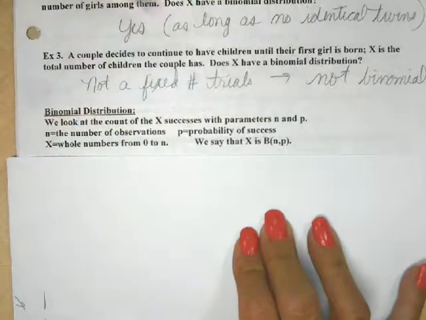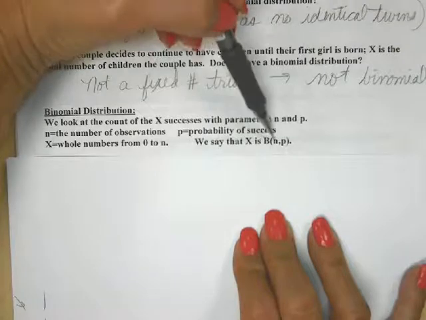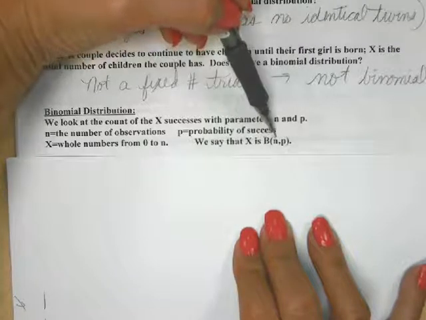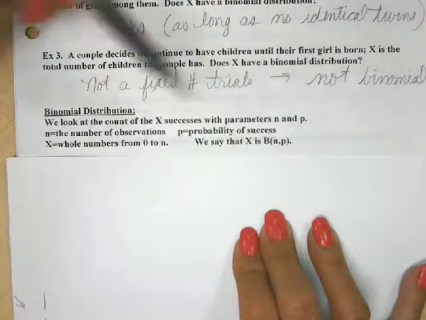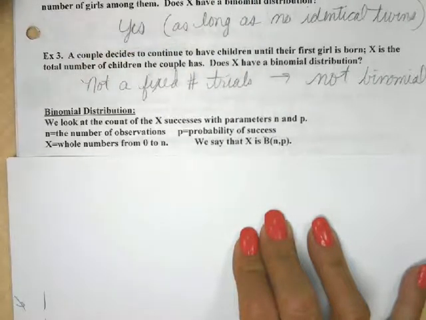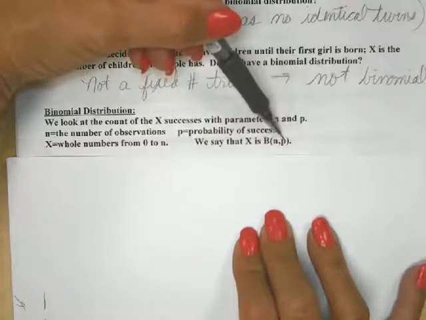And in our case, a binomial distribution has 2 characteristics that we need to know. We need to know how many observations you are going to look at, like a trial. So we had 4 rolls of a die, and you had 20 children being looked at being born up here. And we need to know what the probability of a success is.